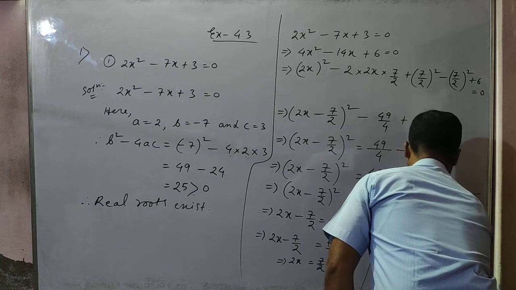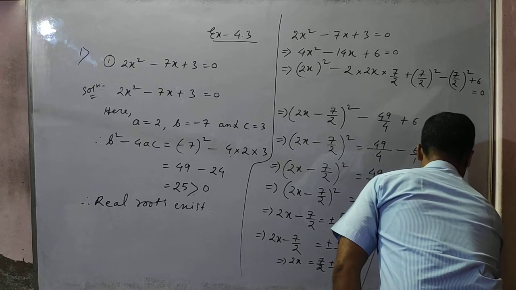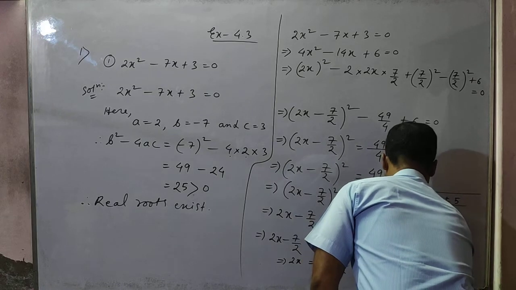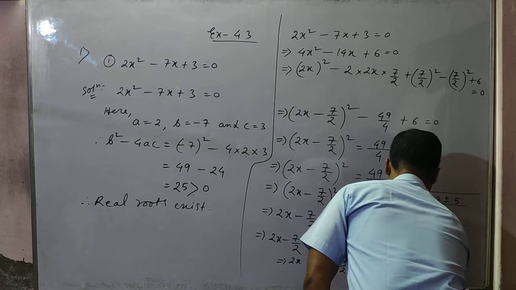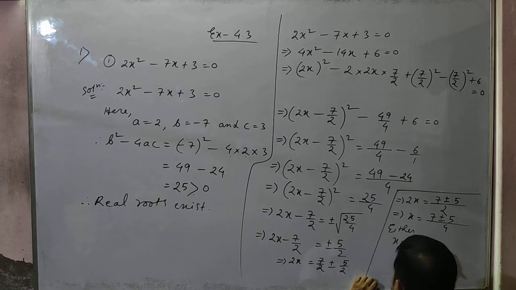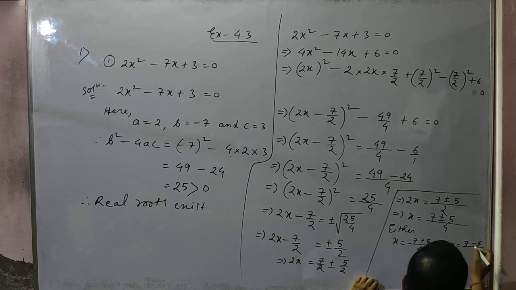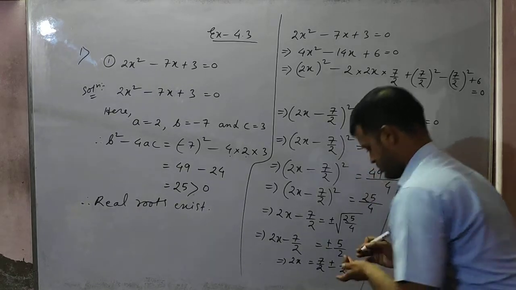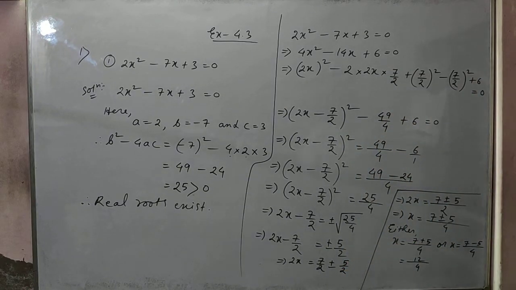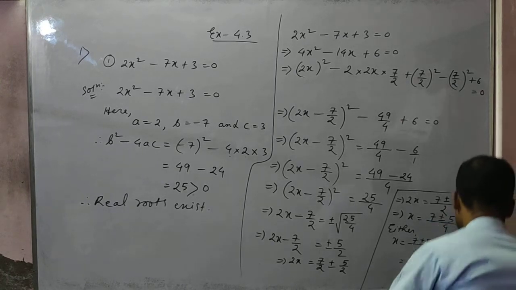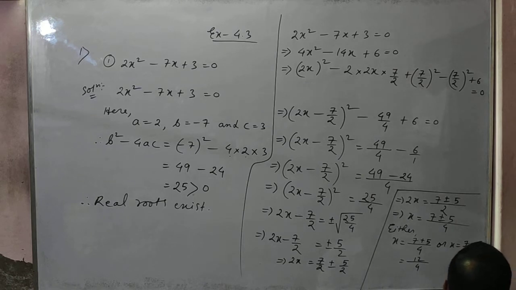So x is equal to 7 plus minus 5 by 4. That is x is equal to 7 plus 5 by 4, or x is equal to 7 minus 5 by 4. So x is equal to 12 by 4, or x is equal to 7 minus 5, 2 by 4.